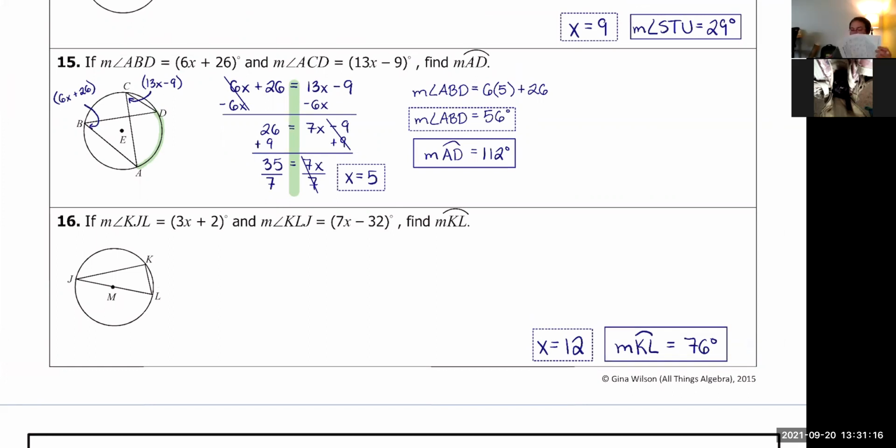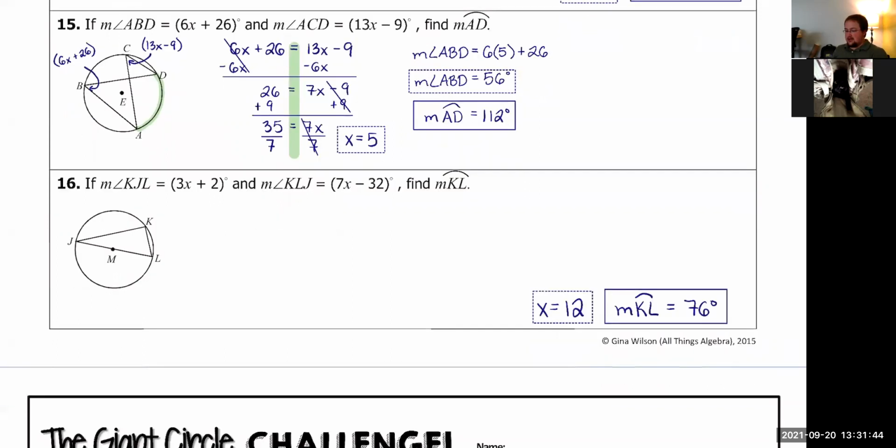Now, take a moment. We've only spent 2 days processing circles so far, but the two biggest takeaways I would say is central angles, which means the vertex is at the center, equals the intercepted arc that it passes through. Whereas inscribed angles, the vertex is actually on the circle itself, is only half as much as the intercepted arc.